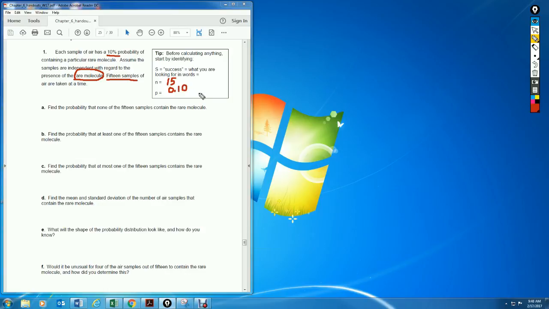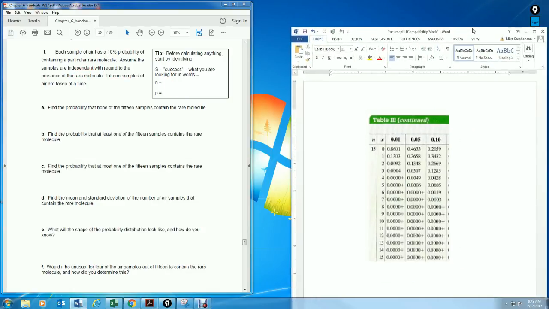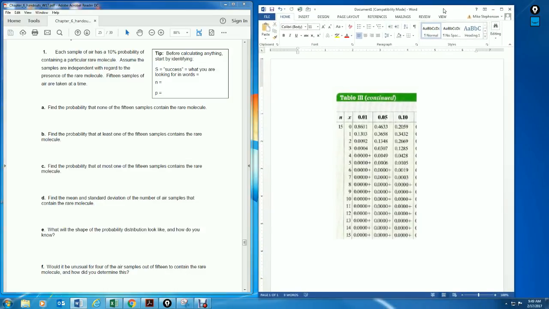All right, and then I had told you guys right off the bat, hey, why not just look the probabilities up in the table? So here is just an excerpt from the table for the sample size of 15, and we want to be in the right column. The probability of success is 0.10.